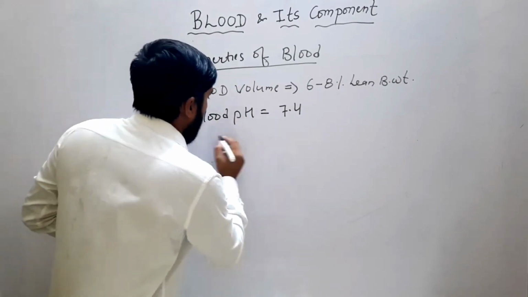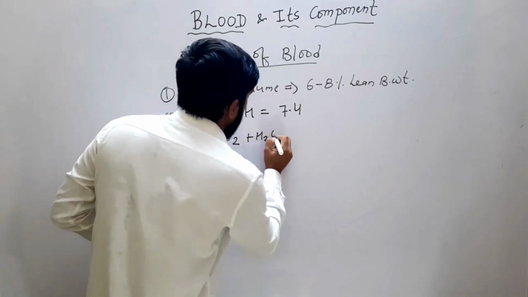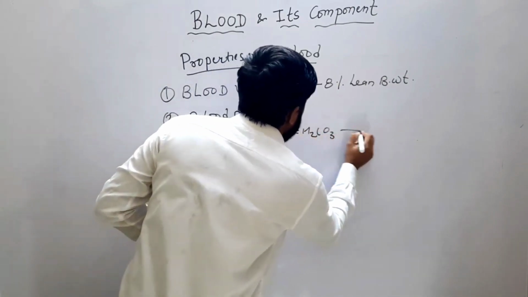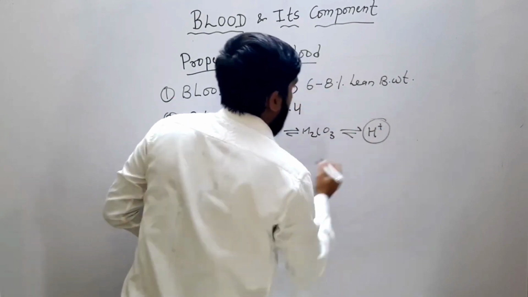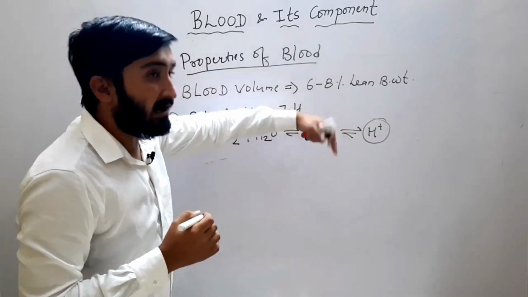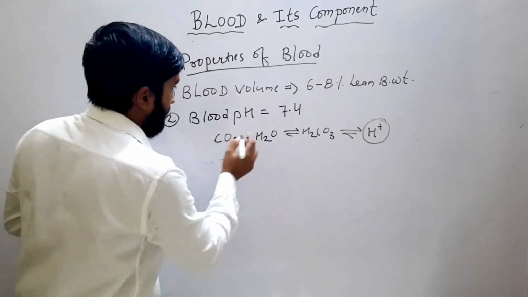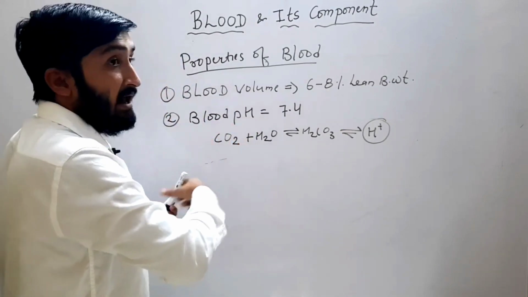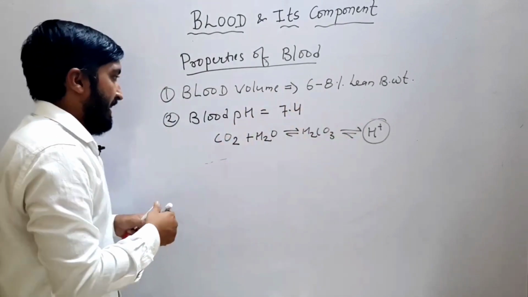Due to the CO2, a reaction occurs: CO2 plus H2O gives H2CO3, from which the hydrogen ion will be released. So in the reaction the hydrogen ion is produced, so the pH will be toward the acidic side. So in the venous system the blood will be toward the acidic side, and arterial blood will be toward the basic side.